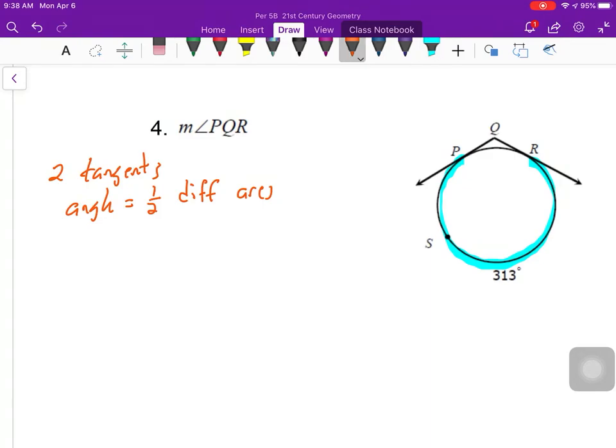Well, they gave us one of the arcs. They gave us this arc right out here. We're looking for the angle X right there. We're going to need to find the arc right here.